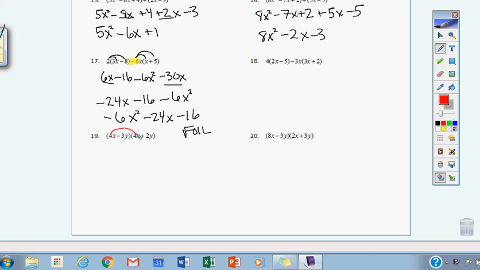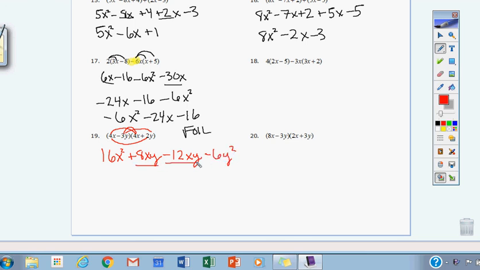So here we got the first, 4x times 4x, we got 16x squared. The outside here, 4x times 2y, positive times a positive is a positive 8xy. And then we have the inside, which is negative times a positive, so that's negative 12xy. And then finally the last here is negative 3y times positive 2y, negative 6y squared.